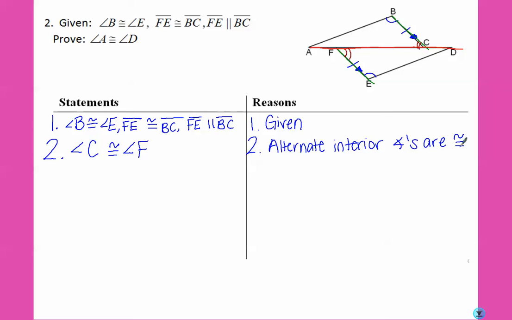Now, do we have enough information to prove that the triangles are congruent? We do. We have angle, side, angle. So we know that triangle ABC is congruent to triangle DEF.